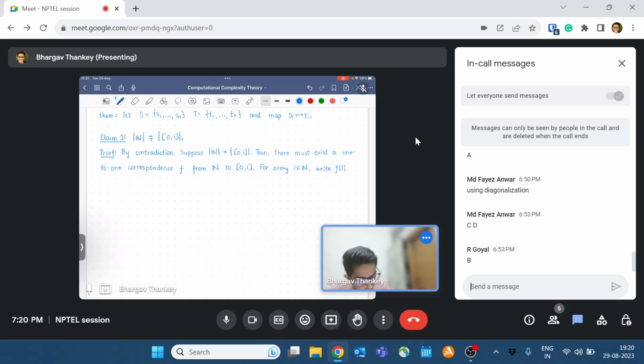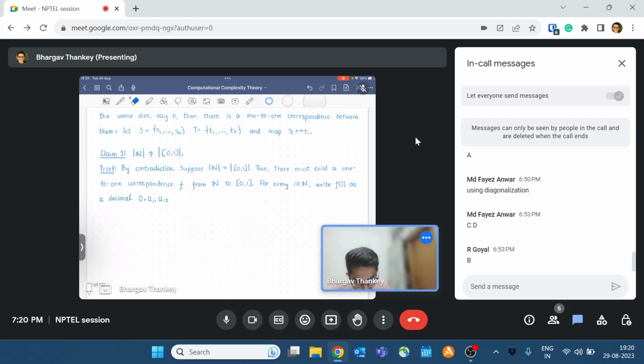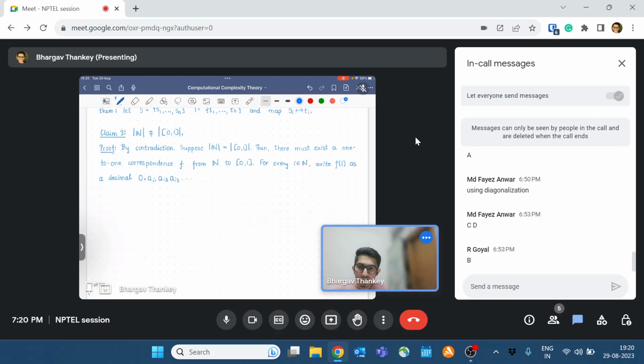So write f of i as a decimal 0.ai1, ai2, ai3, and so on.